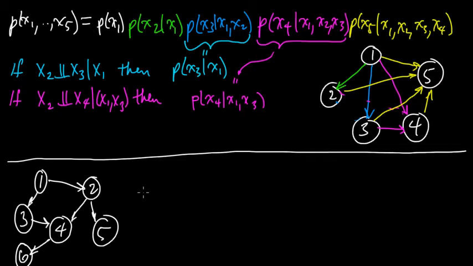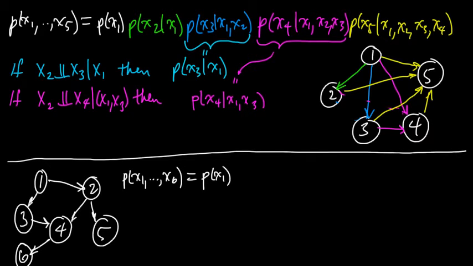And now, can we get a distribution from this? Well, let's see. This has 6 random variables, so it's x1 to x6. First, nothing points to 1, so we have the probability of x1. And then what points to 2?